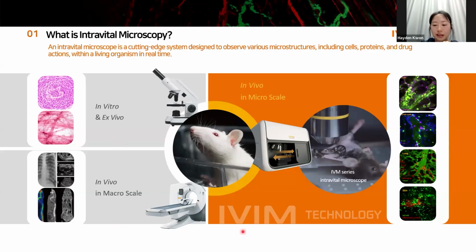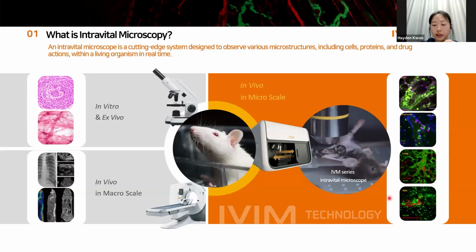Other in vivo imaging modalities such as PET, CT, or MRI are valuable for analyzing physiological changes at the tissue or organ level, but they lack the resolution needed to visualize cellular-level events. In contrast, intravital microscopy fills this gap.